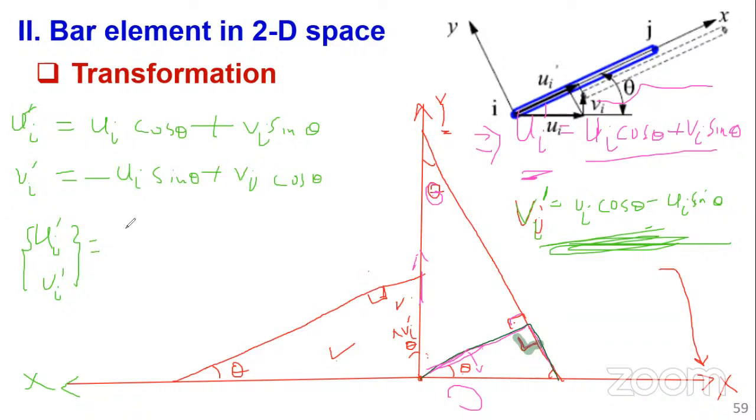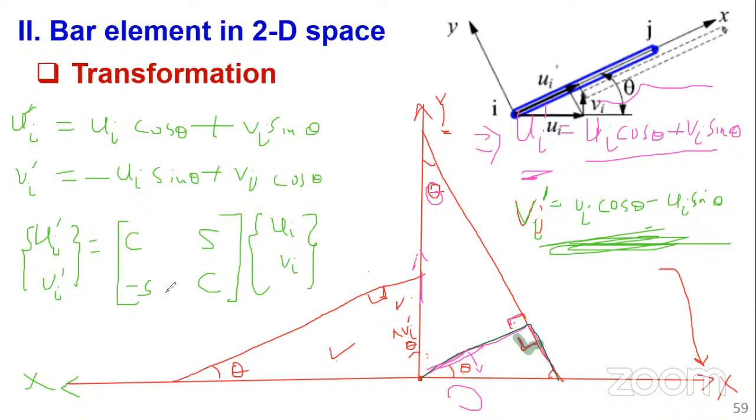This is equal to cos, sine, minus sine, cos, times ui, vi in the global coordinate system. Remember, this is a displacement vector, so we use braces. Let me just use C as cos, S as sine.